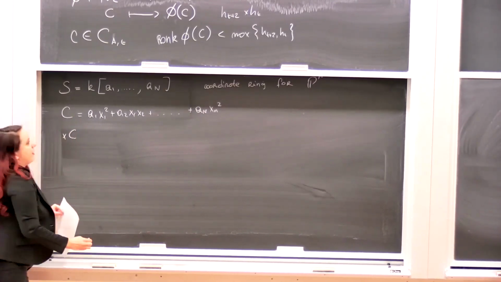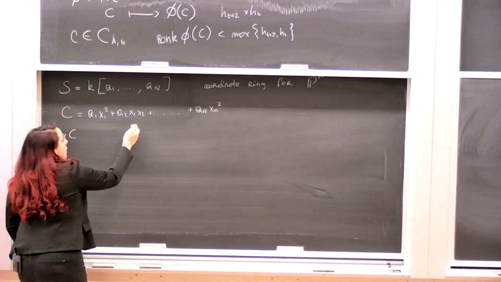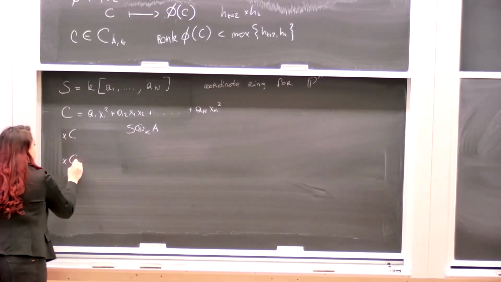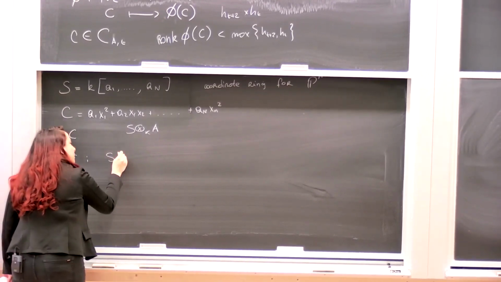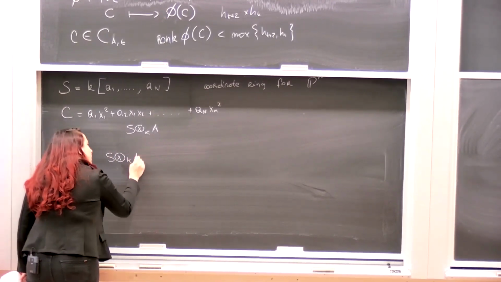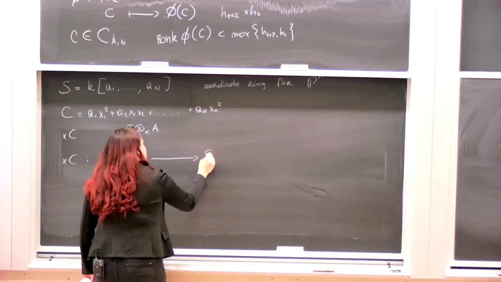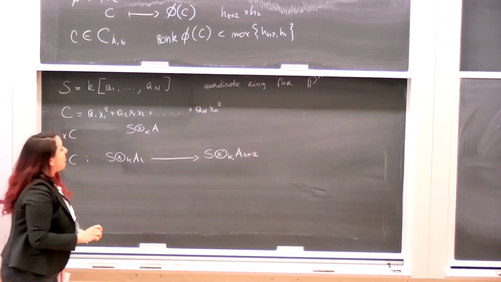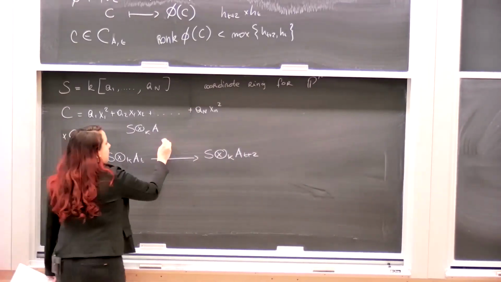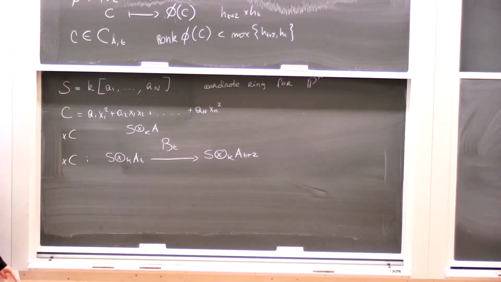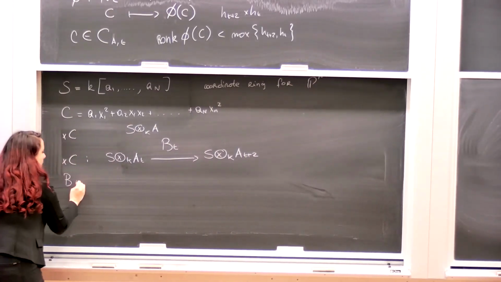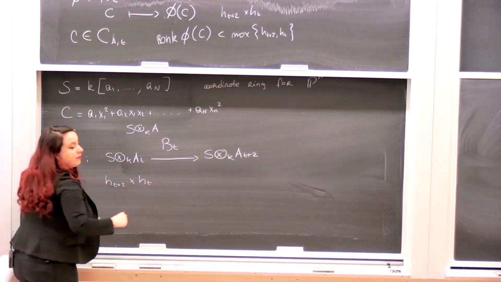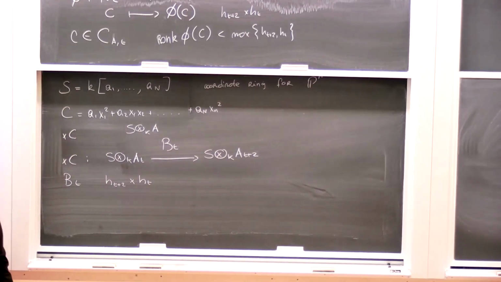multiplication by C, gives me a multiplication map on S tensor A, in each degree. If I just look in degree T, this one is represented by a matrix that I call BT. And this matrix is HT plus 2 times HT, and the entries of this matrix are linear forms in the dual variables.